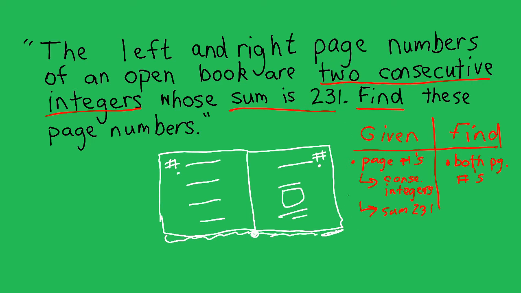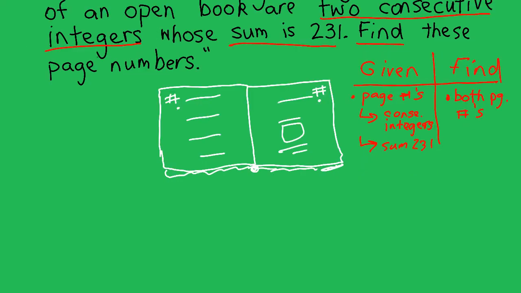So now we need to define variables. Now if you watched the last video that I had, it's going to be the same deal. We could either have two variables like x and y, one for the left page and one for the right page, or we can be clever. So let's first define a variable for the left page number, and let's just do the standard typical x, and we'll say let x equal left page number.